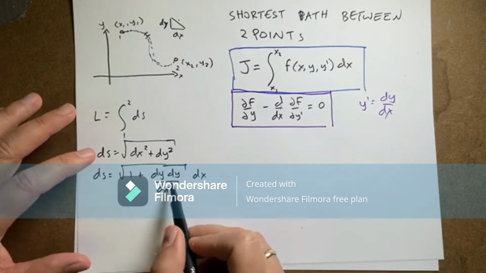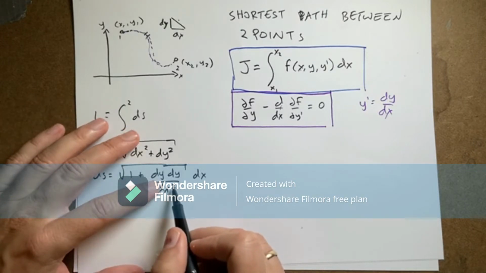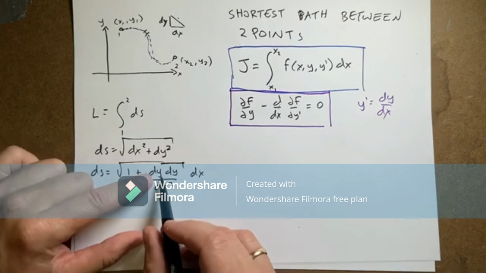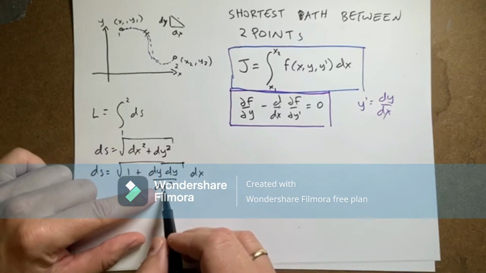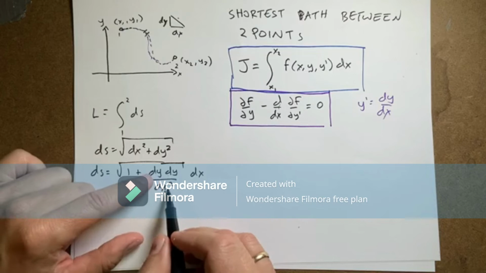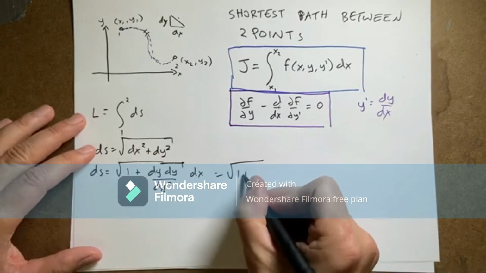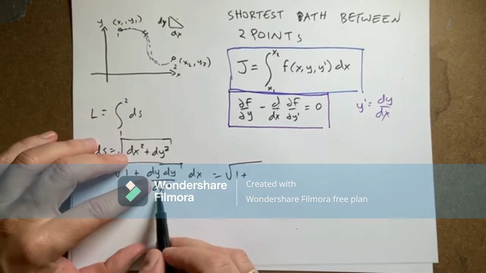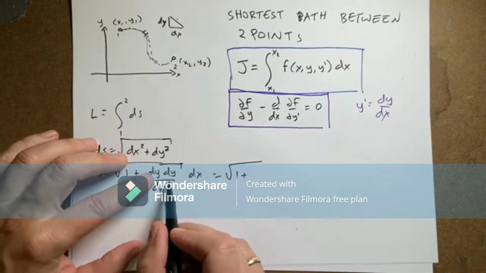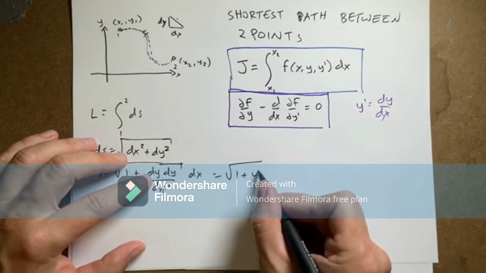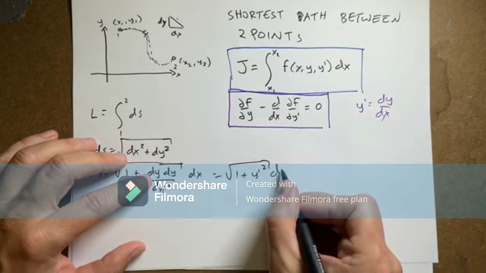Yeah, that's right. So this is dy dx squared, right? So it's equal to the square root of 1 plus, this is going to be dy dx, quantity squared. It's not the second derivative. It's a quantity squared. So this is actually y prime squared.